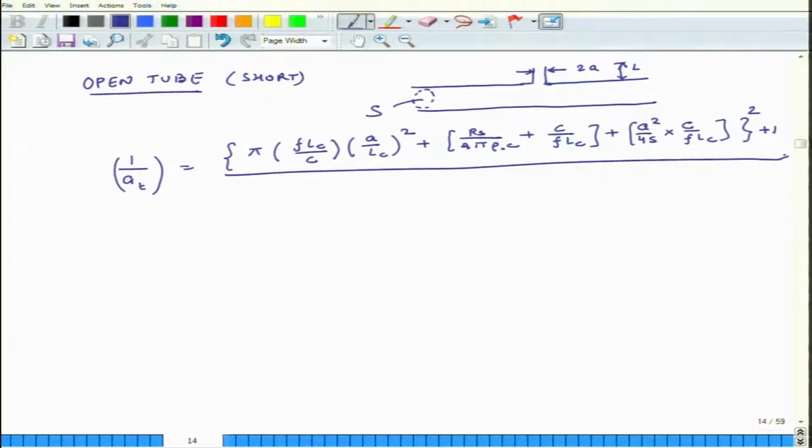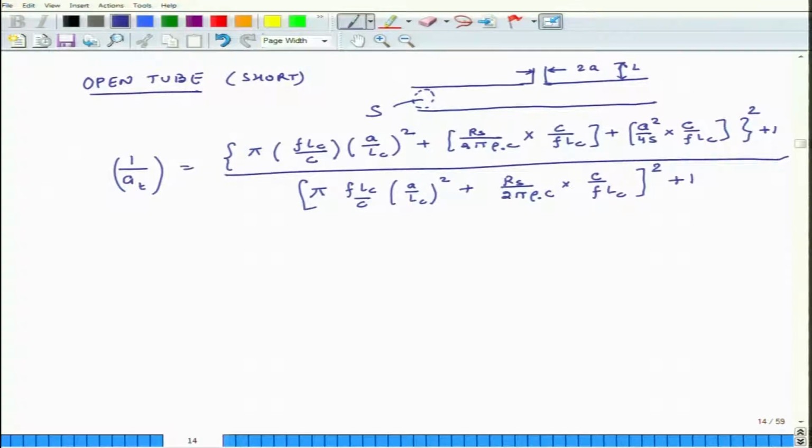and then I divide this entire expression by pi F L_C over C times (A over L_C) whole square plus R_S over 2 pi rho naught C. Okay, so this is not a positive sign, rather it is a multiplication, multiplied by C over F L_C, and this entire thing is squared plus 1.